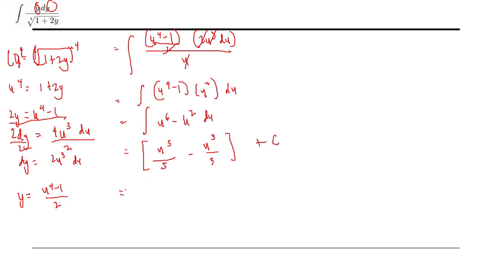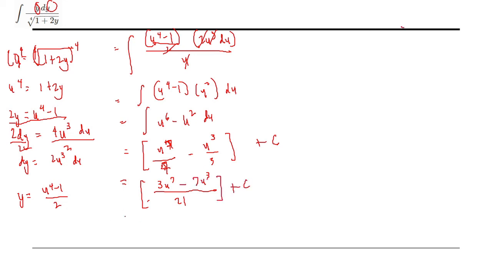So change it back to its original term. Sorry, this should be 7 and 7. Okay. So after this one, actually, we can simplify so that it will not be difficult for us later. So this is 21. That's 3u to the power of 7 minus 7u to the power of 3 plus c.